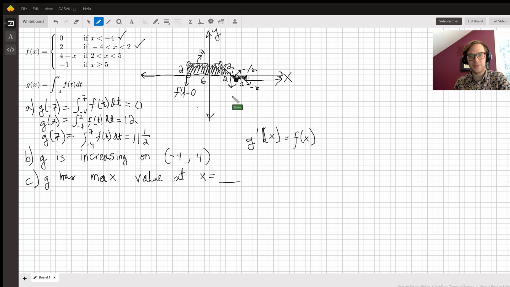And then over here is another part where f of x is equal to 0. But notice that g of x, the area, is 0 at this point, and the area is 14 at this point, which is the maximum we're going to get. So g has max value at x equals 4.